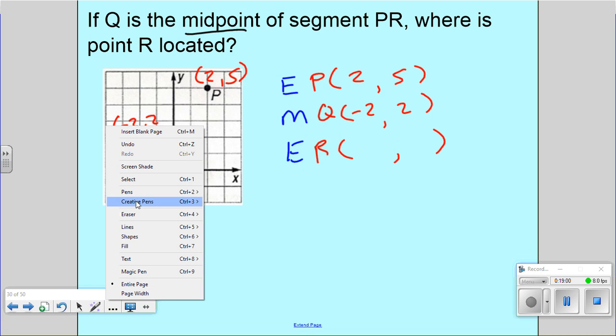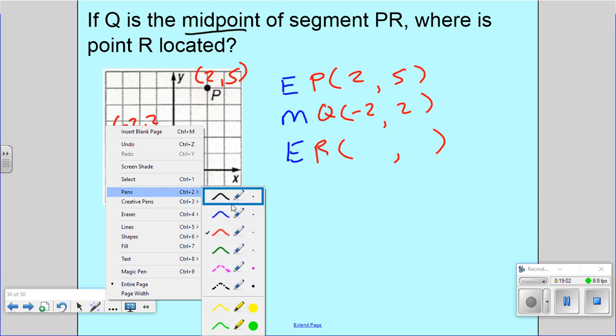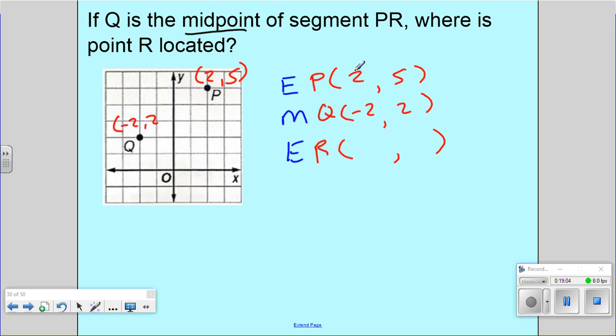And now let's establish the patterns of our x's and our y's. So to get from +2 to -2, that is a decrease by 4. So if the pattern continues, I would continue to decrease by 4 on my x's. So -2 minus 4 would place me at -6.